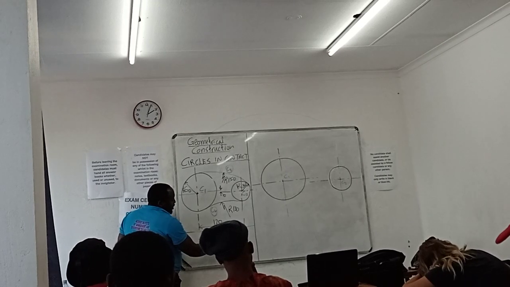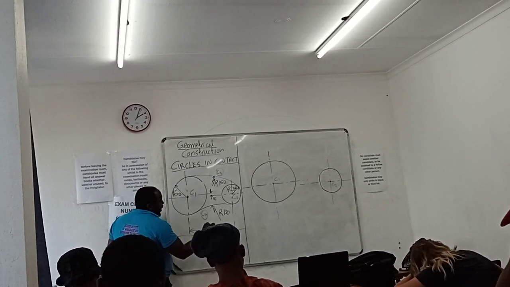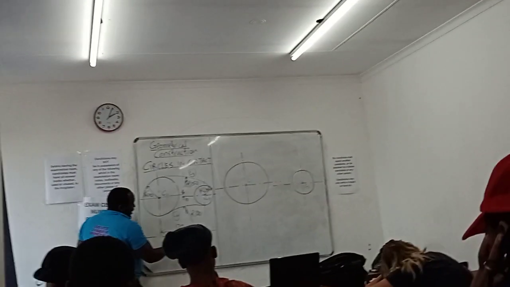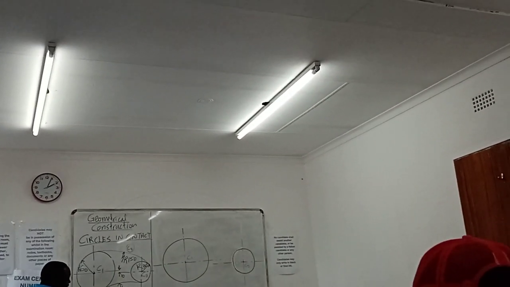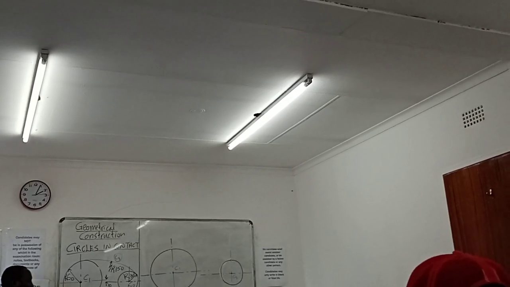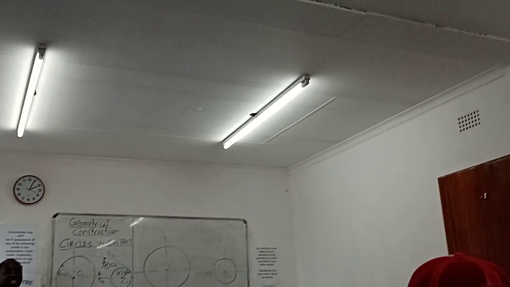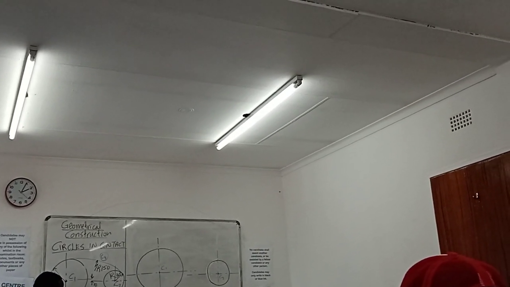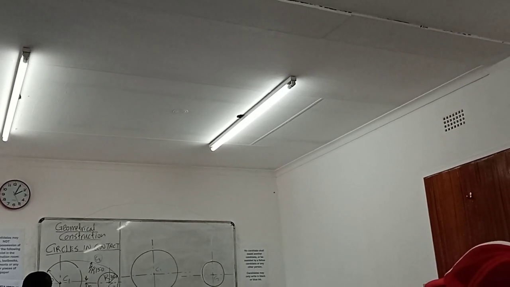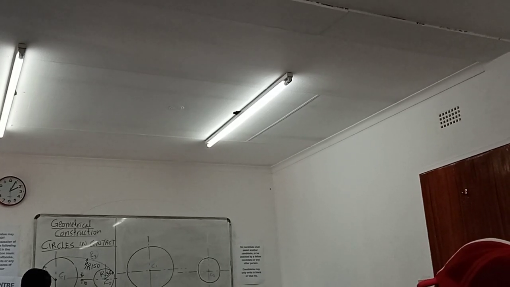So, we need that distance. Are we going to add the big radius and the small radius? Are we going to use addition or subtraction? For you to know this distance x, you will say 150 minus 30.